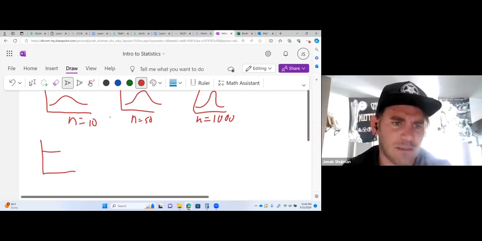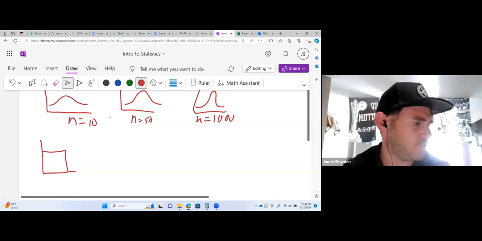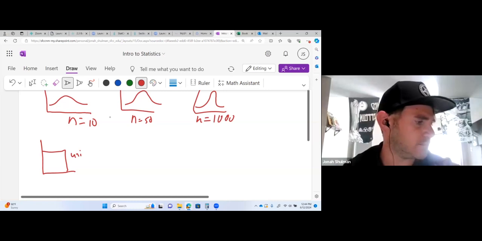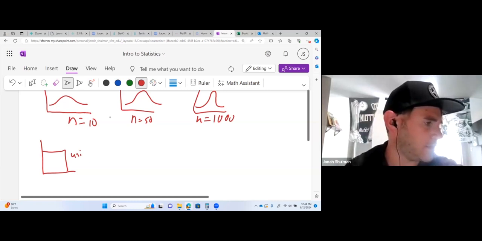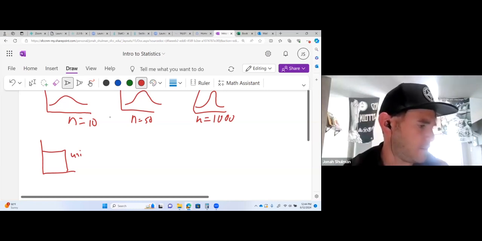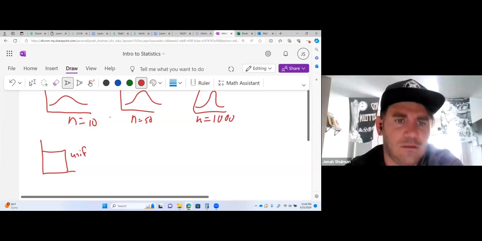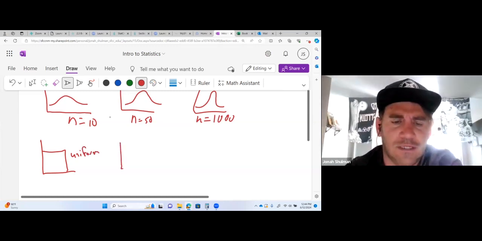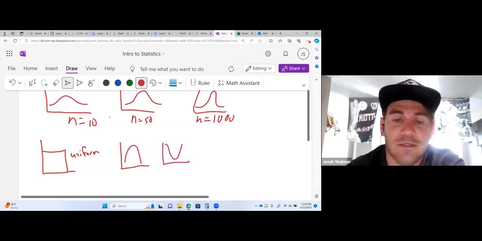Sometimes, as we said, we could have one that's uniform. Sometimes we can have things that are uniform distributions, which is okay. We could have stuff that's curvilinear, or curvilinear the other way.